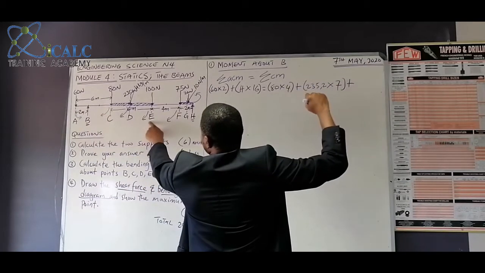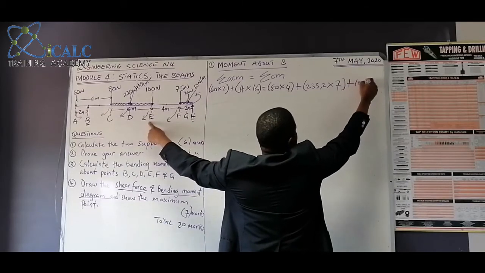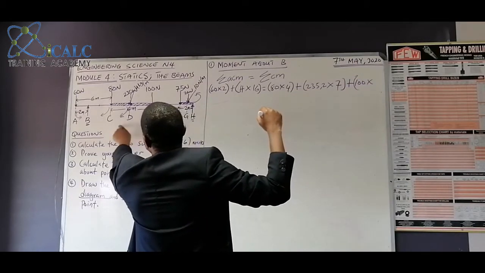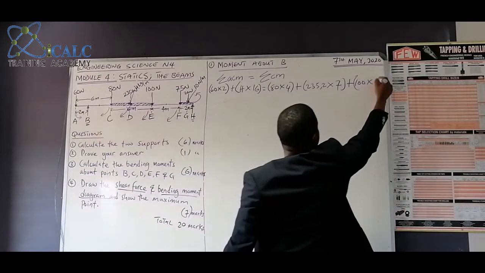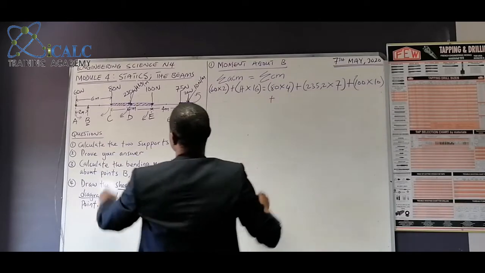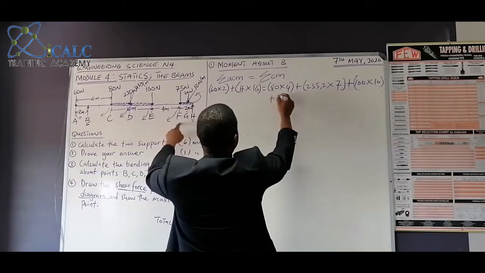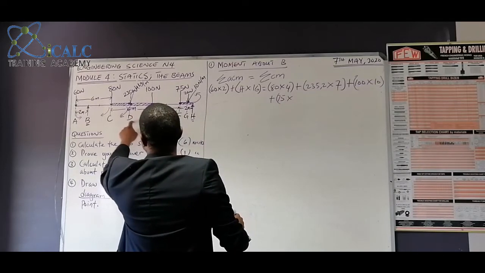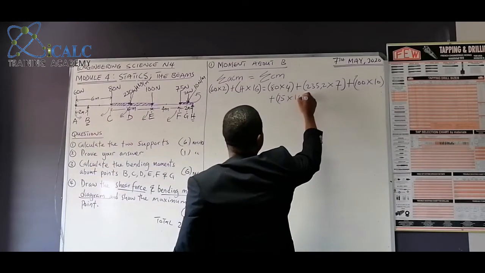Plus another clockwise 100 multiplied by, this is 6 plus 4 is 10, plus 75 multiplied by 4, 10, 14.